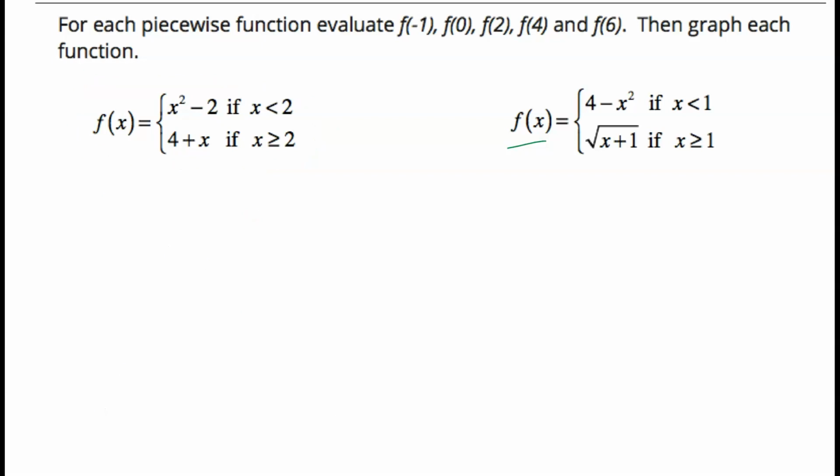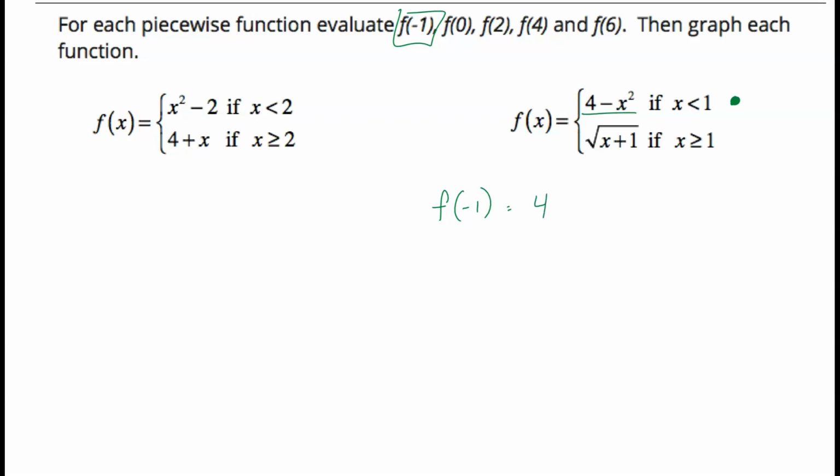All right, so we're evaluating f of -1. So we have to look, okay, which one of these functions does the restriction include -1? Our first restriction is for x less than 1, which -1 is less than 1. So we would be applying this -1 to the first line of the function.